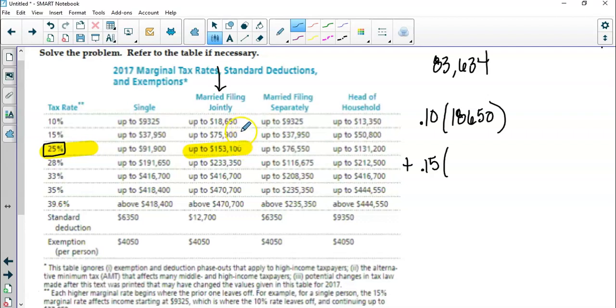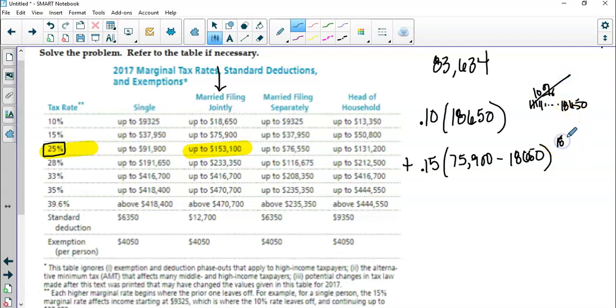So like the next almost $60,000, they're going to have to pay 15% tax on that. So $75,900 minus the $18,650. So if you imagine like counting out dollars, they count out all that money up to $18,650, 10% comes off that. Then they're going to keep counting.